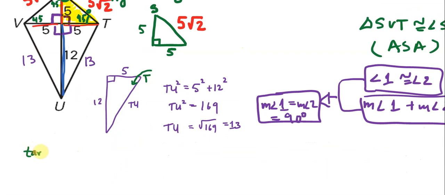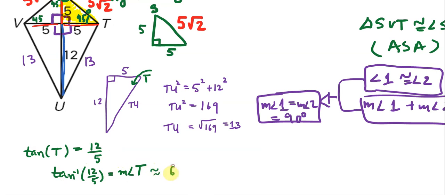The tangent of angle T is equal to the opposite side over the adjacent, that's 12 over 5. Therefore, the tangent inverse of 12 over 5 is equal to the measure of angle T, which is approximately 67.4 degrees.